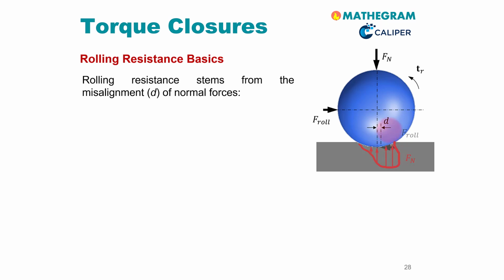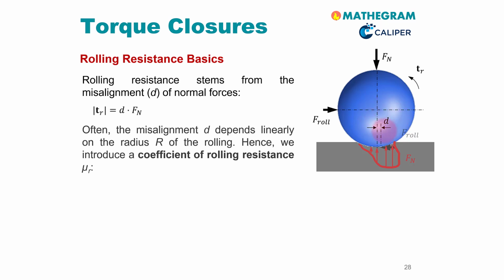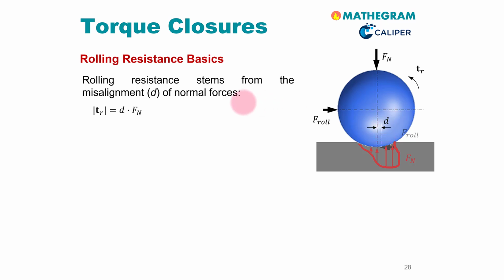And this shift of the normal force at the contact, together with the position of the applied force, gives a torque. And this torque is nothing else than the product of this normal force with this distance d.